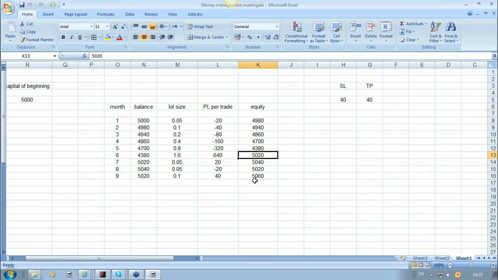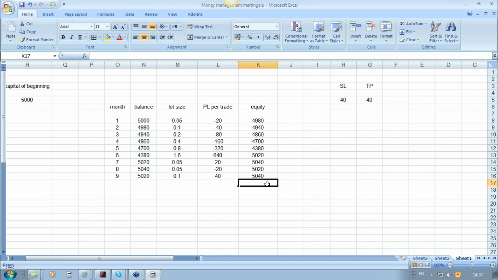Then I begin from the very beginning because I already profit, I profit 20, add to equity. Then I lost and then profit again 40. Then, oops, sorry, it's 540. My mistake.